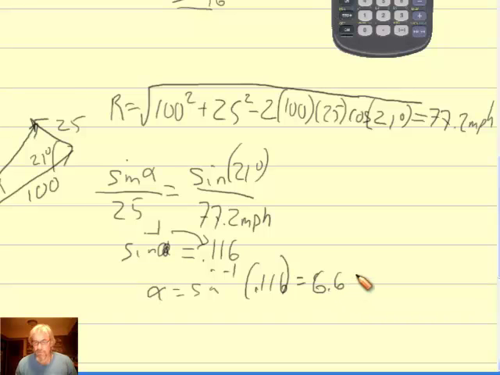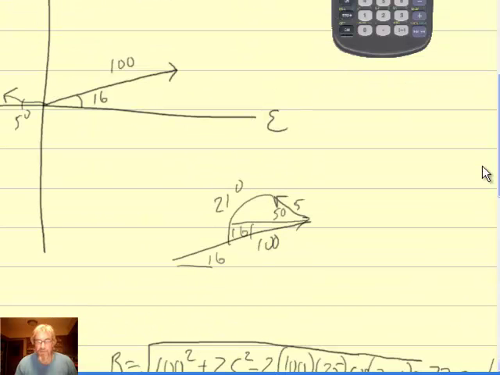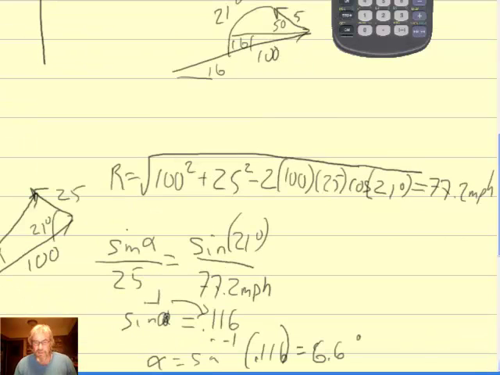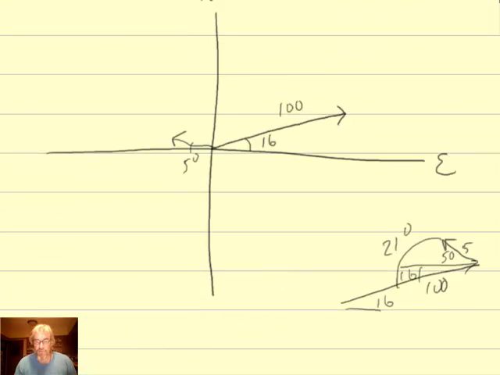But that's not really my bearing. If I go back to the original drawing, I'm finding that my resultant, there's my R, is 6.6 degrees from the 100 vector, which is already at 16.